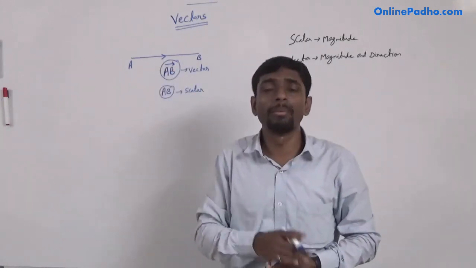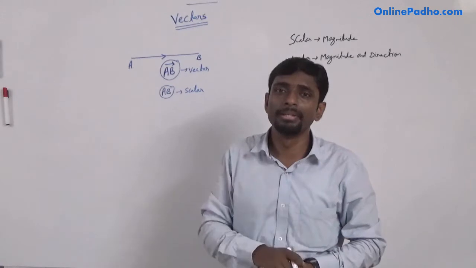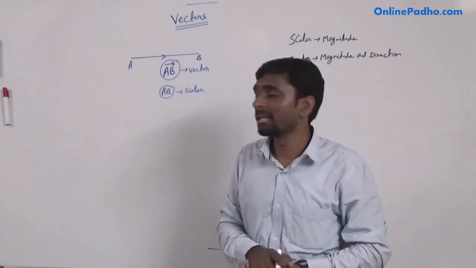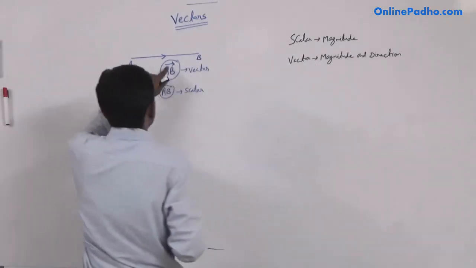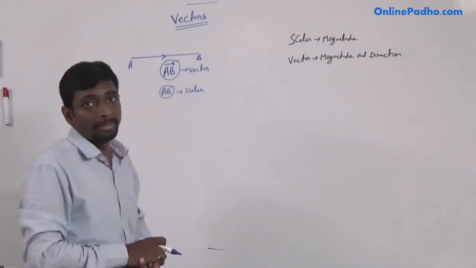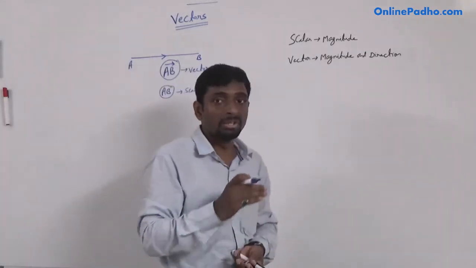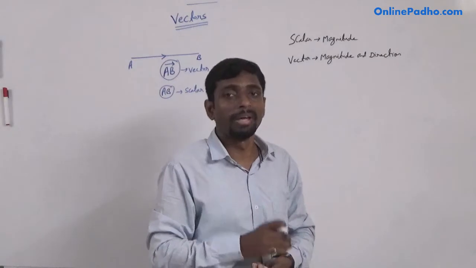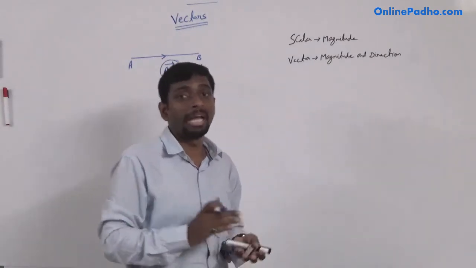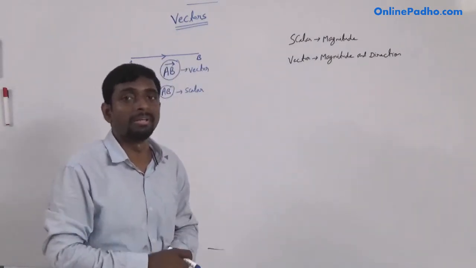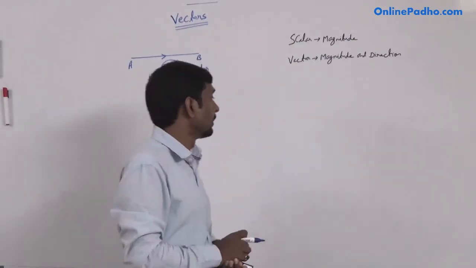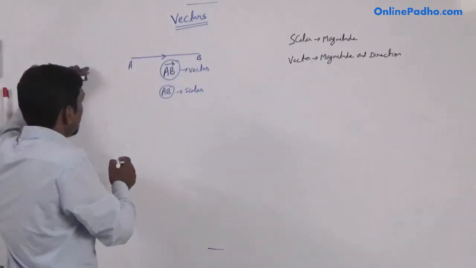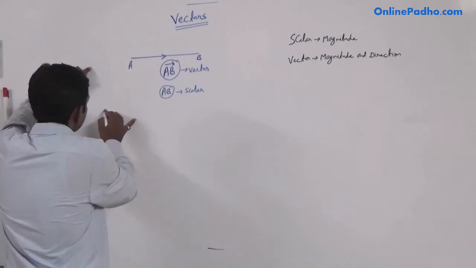Direction what? From point A to point B. This is called AB vector, right? So now you know the definition of vector, how we can define a vector, and this type of quantity are the vector quantities. It's very simple, right? Now let us see how many types of vectors are there.